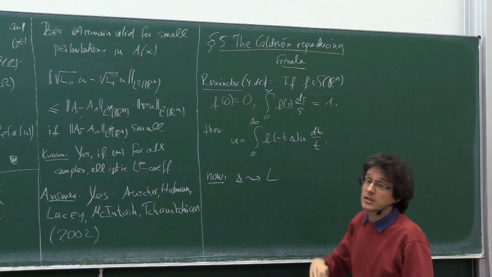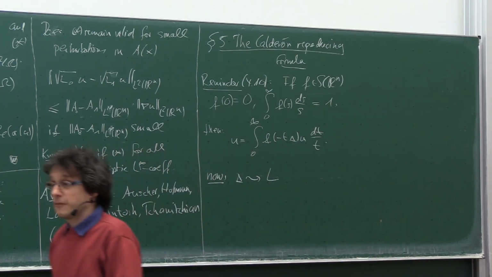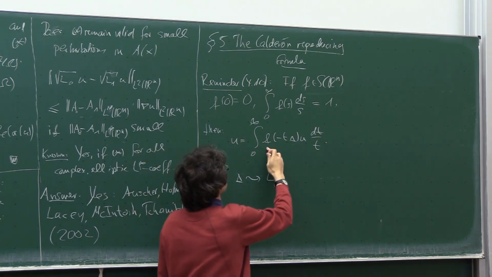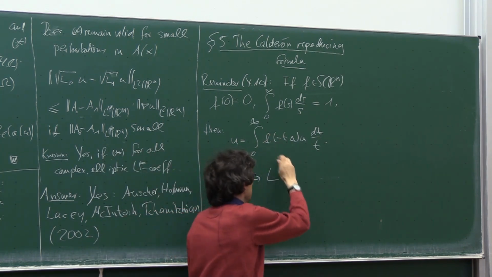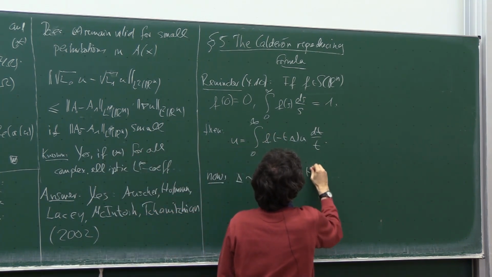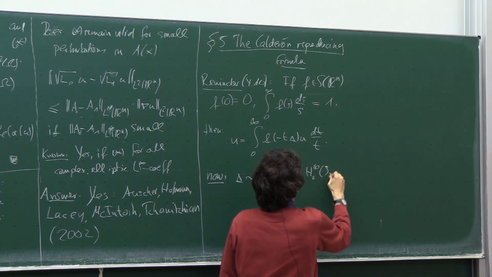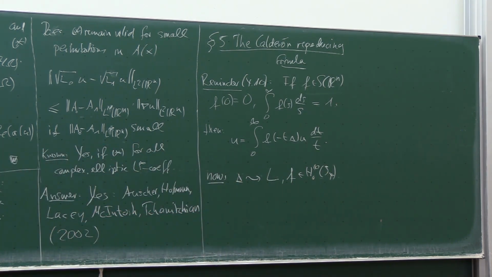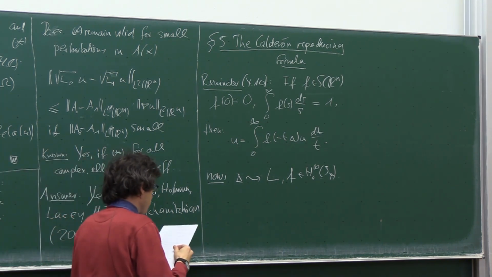A Schwarz function is just reminiscent of the Fourier transform, because Schwarz functions fit very well to the Fourier transform. If we think of our holomorphic functional calculus, what we need here is holomorphic functions. So we will switch for the f from Schwarz to holomorphic on a sector.